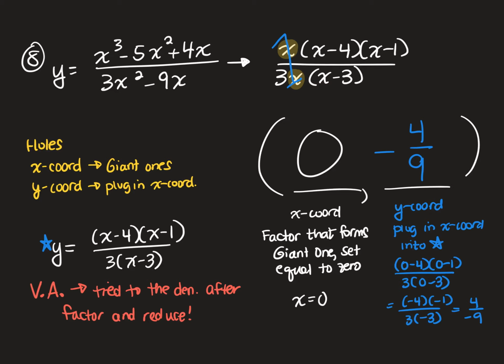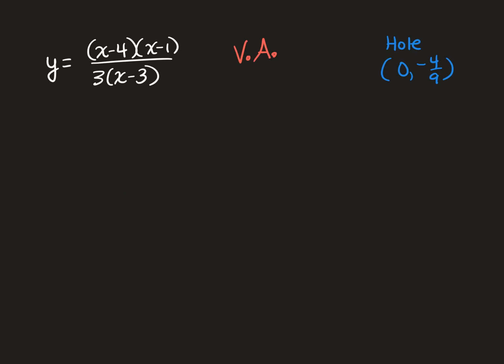To figure out the vertical asymptotes, I'm going to take any factors in the denominator and figure out what would make those factors 0. In other words, what's going to make my denominator 0, which causes my function to be undefined. That's where my vertical asymptotes are going to be, because those are the places where my function doesn't work, where that x value doesn't work.